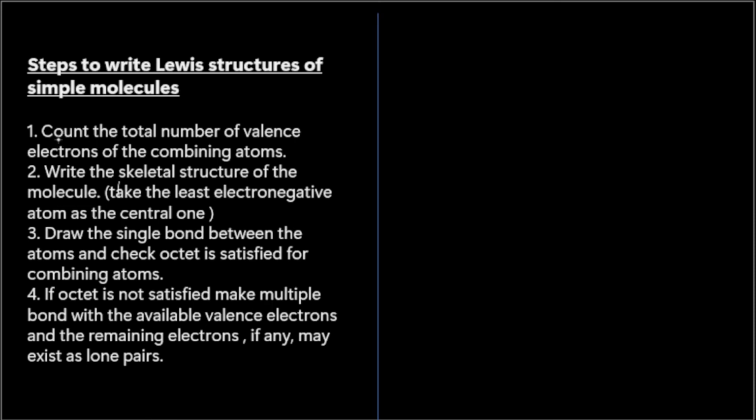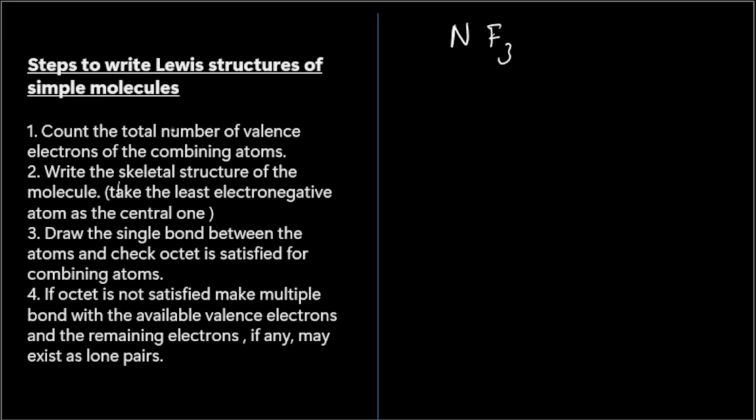The first step is to count the total number of valence electrons of the combining atoms. With one example it will be clear to you. So let me take NF3 as an example. Here you can see nitrogen and 3 fluorine atoms as combining atoms.